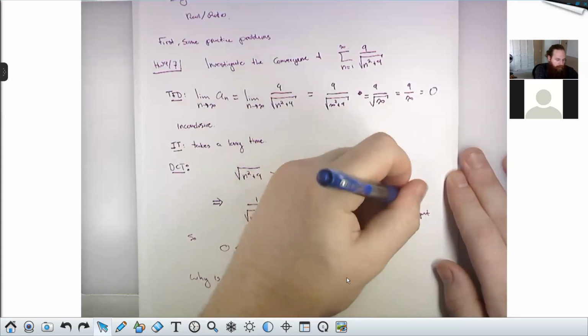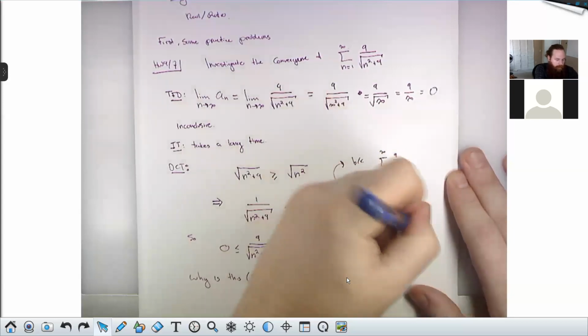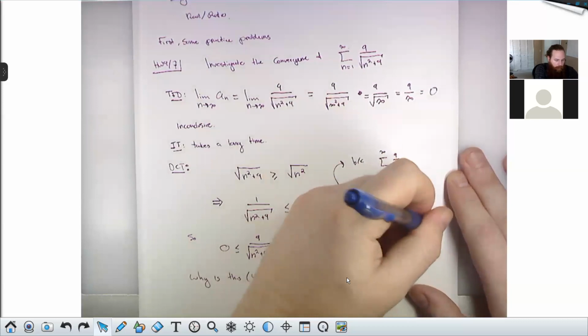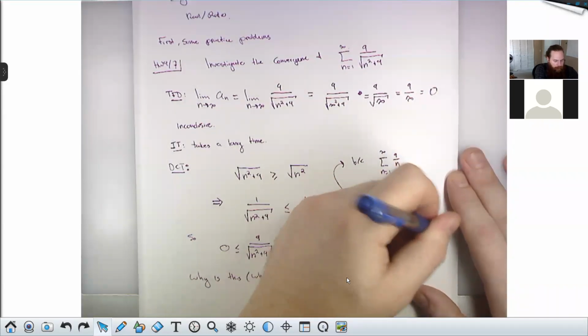Right, this piece is a divergent p series. p is equal to 1, which is not bigger than 1.